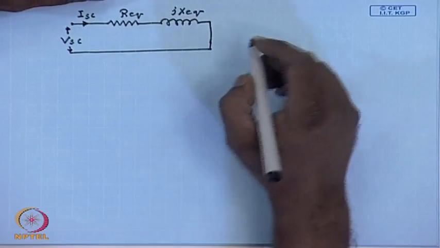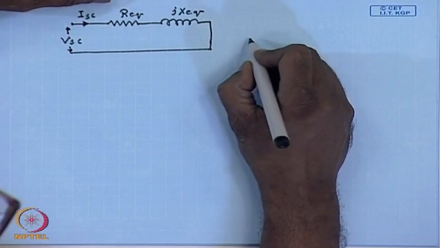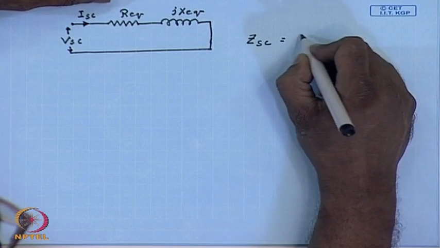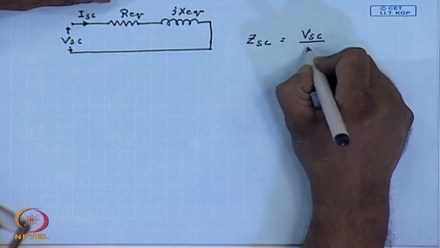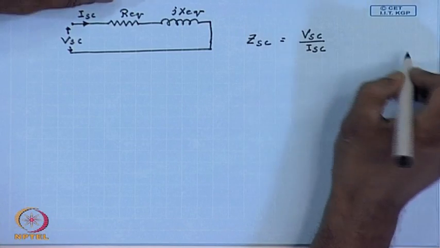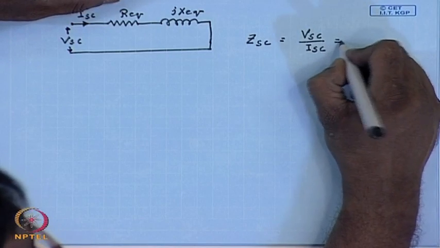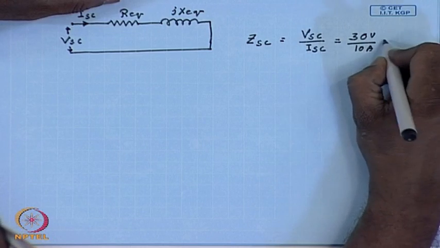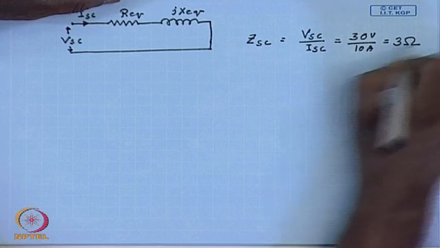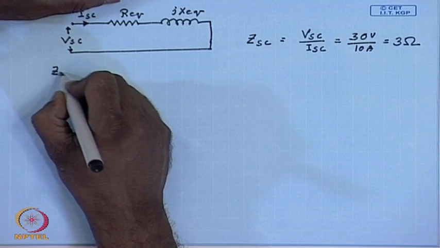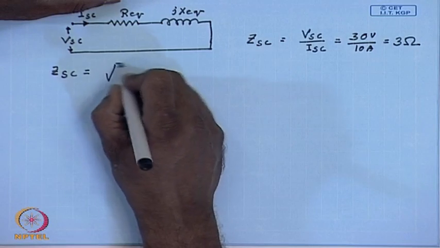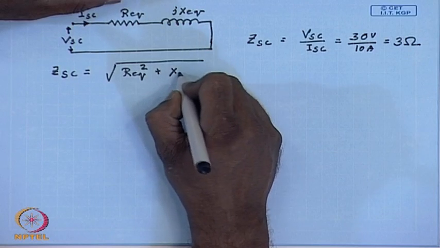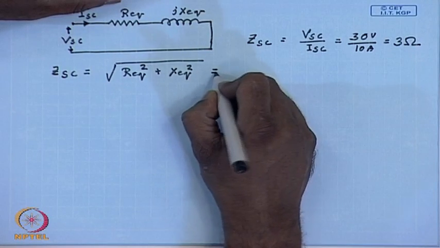Hence, mod ZSC equal to VSC by ISC. From the given data, this is 30 volts by 10 amperes equal to 3 ohm. Therefore, ZSC equal to square root Req square plus Xeq square equal to 3 ohm.